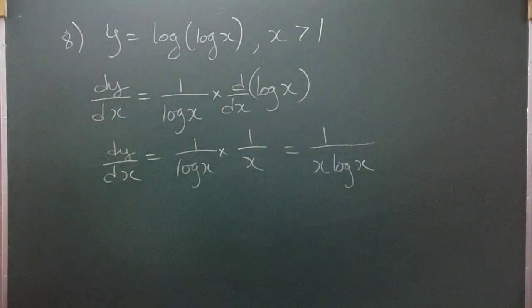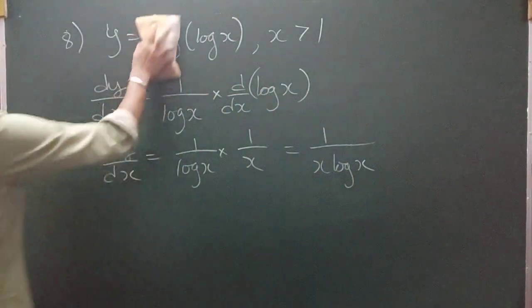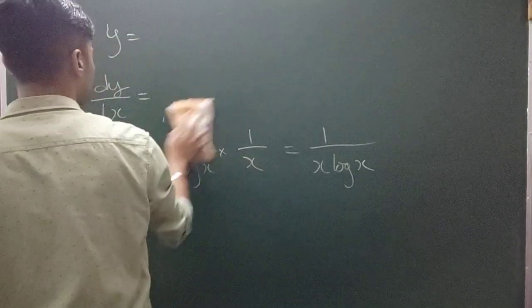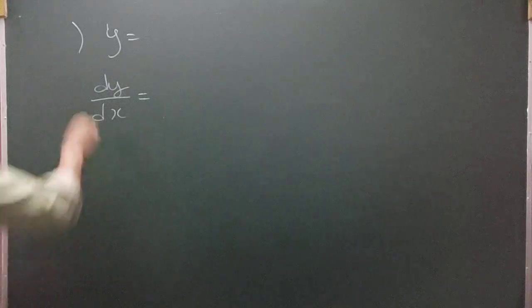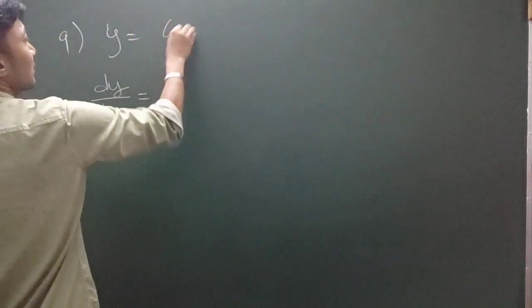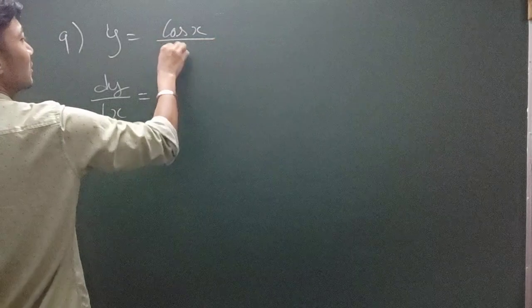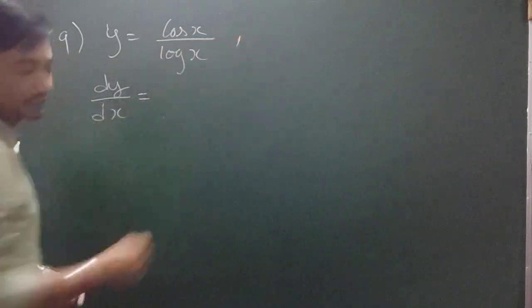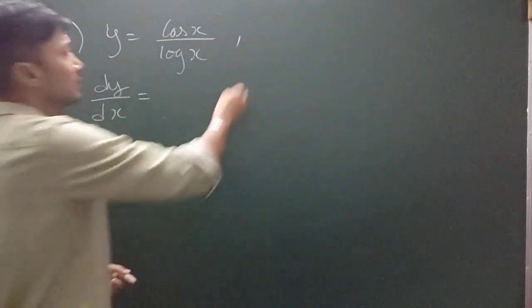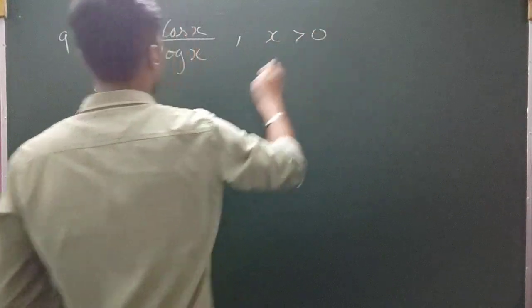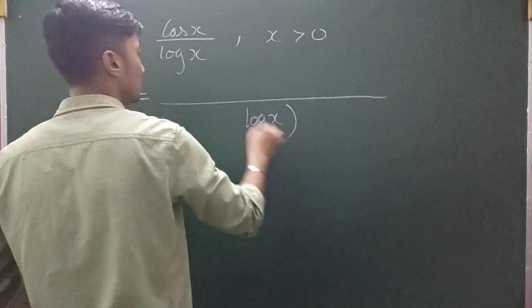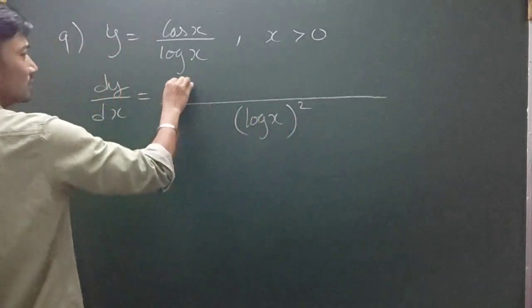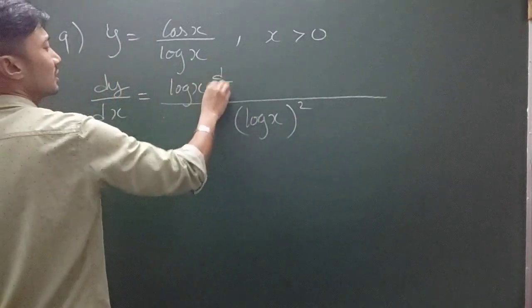Okay? Chalo. Number 9. Simple questions. What is 9? Cos x by log x. Condition? Chalo, x greater than 0. I'll use quotient rule. Log x whole square. Log x.